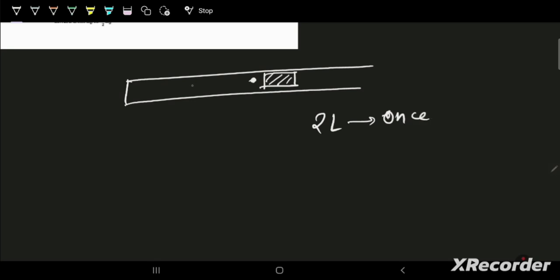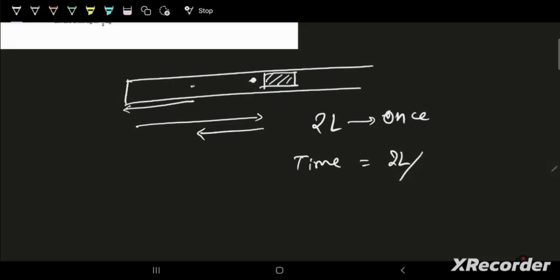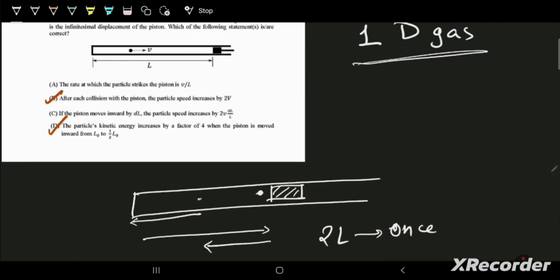In one complete motion, it covers a distance of 2L and strikes the piston once. So the time required would be 2L by v, and frequency is the inverse of the time period, which will be v by 2L. So instead of v by L, it must be v by 2L. So the first answer is of course incorrect.